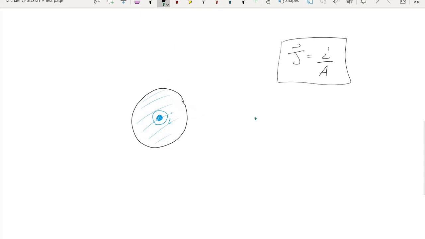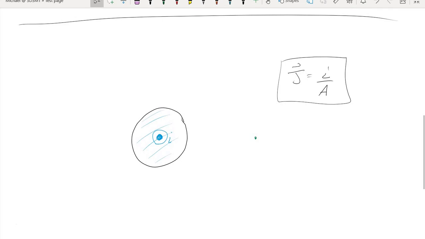Let's start at a point outside of the wire. And we'll assume that this wire is very long and it's a straight wire. We're trying to measure the magnetic field out here at a distance of r.